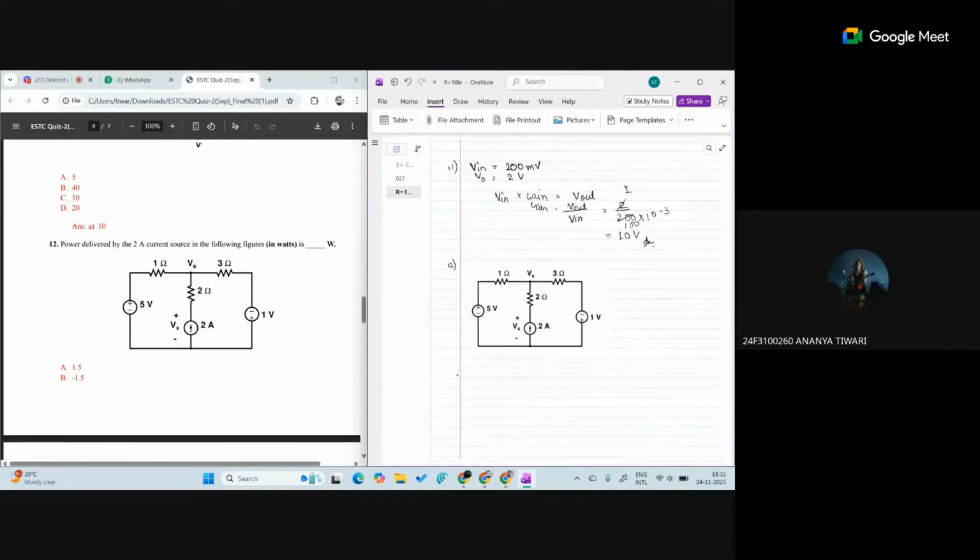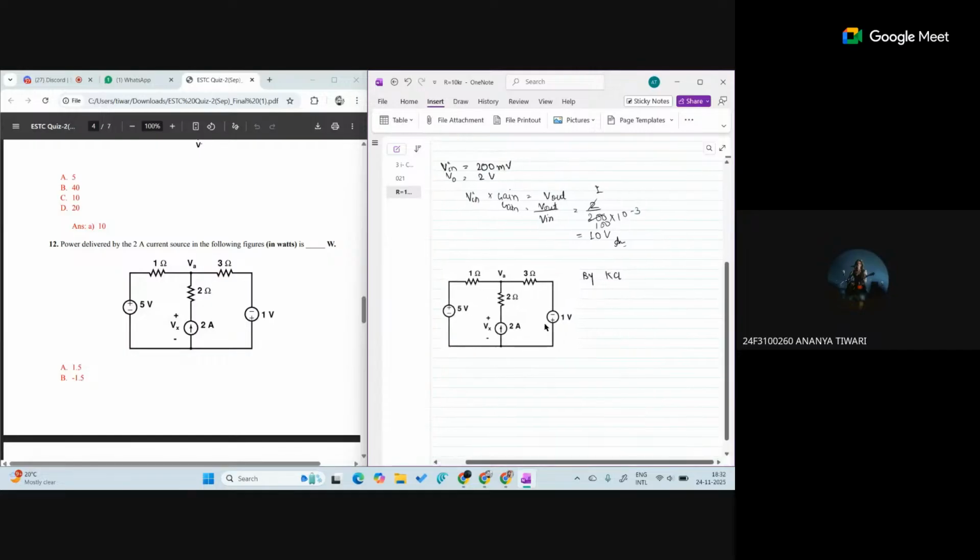If you apply nodal analysis, that would be easier. Also you can do it with superposition, but I'm going to solve it with KCL. You can try once with superposition also.